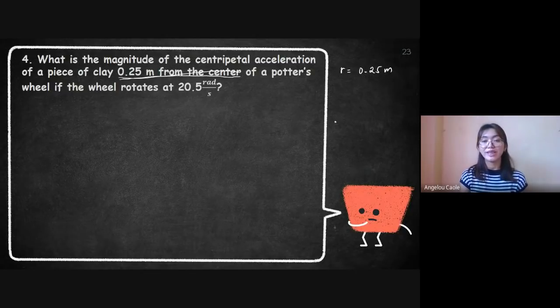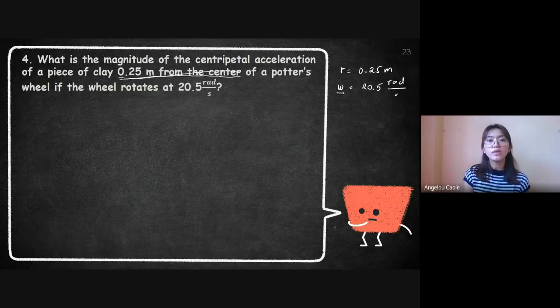Therefore it has an angular velocity. This is the symbol of angular velocity. So our angular velocity is 20.5 rad per second, and we are looking for the centripetal acceleration.